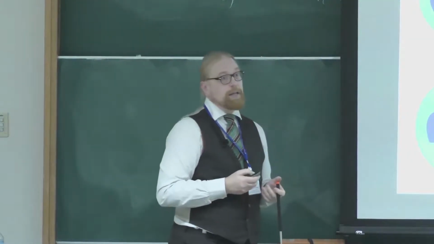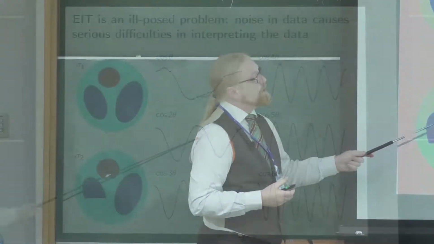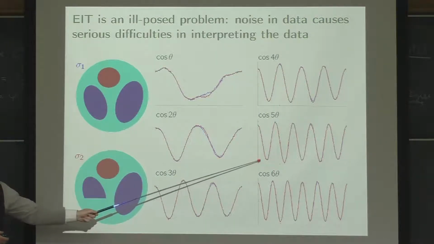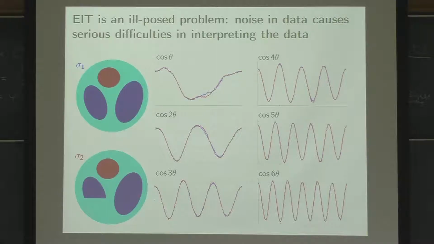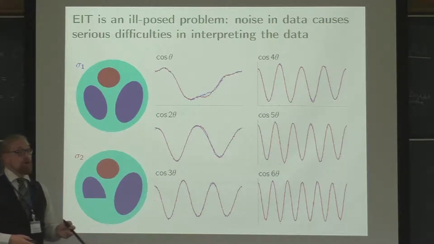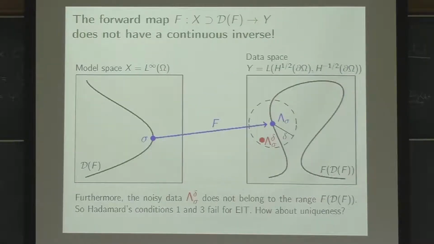This is ill-posedness. Also, there will be noise in practical situations. Of course, with these continuous functions here, I put some white noise on top of these guys, so you see that these little differences are smaller than the noise easily, so there are big problems with EIT, with ill-posedness.